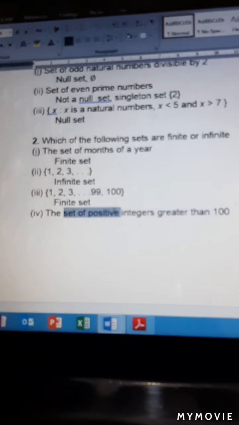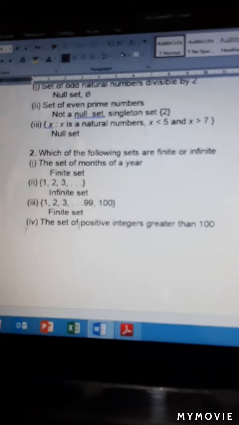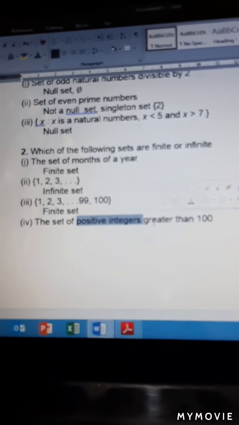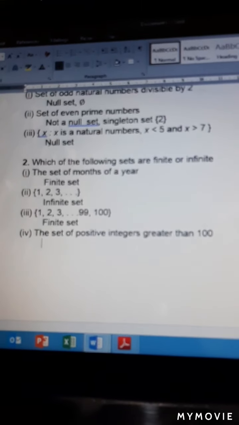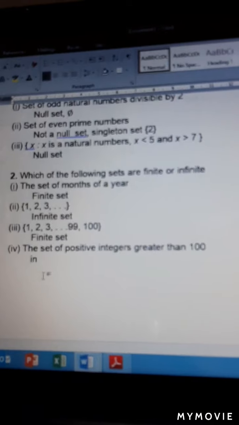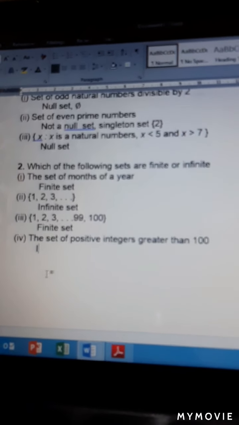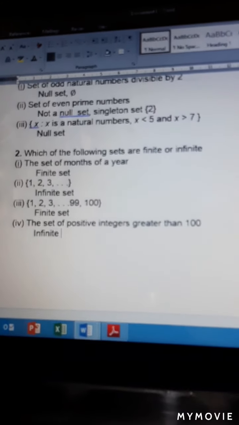Next, set of positive integers greater than 100. Now what do you think for this? This is obviously an infinite set because this never ends.